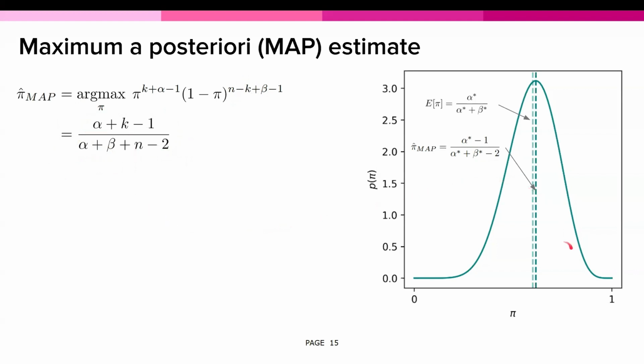In this curve here, it's important to note that the mean of the beta distribution is given by this light teal dotted line slightly to the left here. This is the mean of the beta distribution. That is not the mode of the beta distribution, which is given by this dark line here.